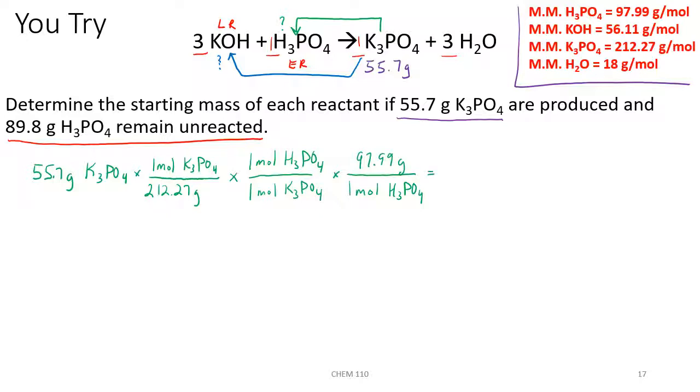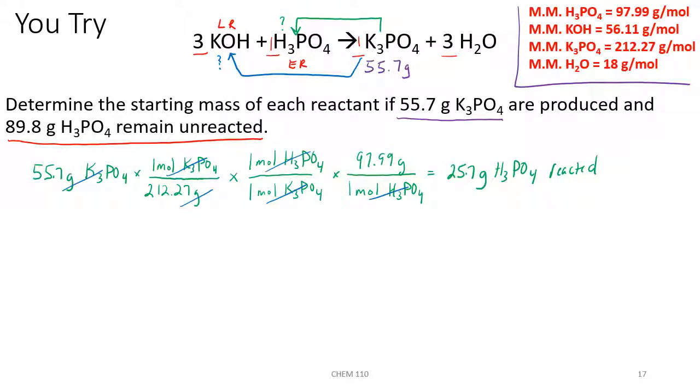Before we do anything, we should check our grams of K3PO4 cancel, our moles of K3PO4 cancel, moles of H3PO4 cancel, and we have our mass. We should get 25.7 grams of our phosphoric acid that reacted.